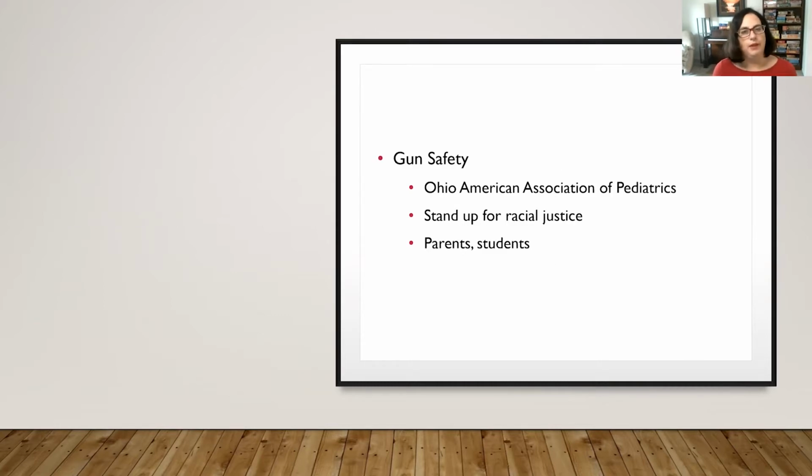But don't stop there. You don't want to stop at just the organizations that have come together about your issue. You really want to think about who else actually cares about the issue. So in gun safety, the American Association of Pediatrics, they've really been spending a lot of time and energy trying to look at the impact of guns on kids, on accidental shootings, on gun safety legislation that might make a difference both in those accidental shootings and then suicides.